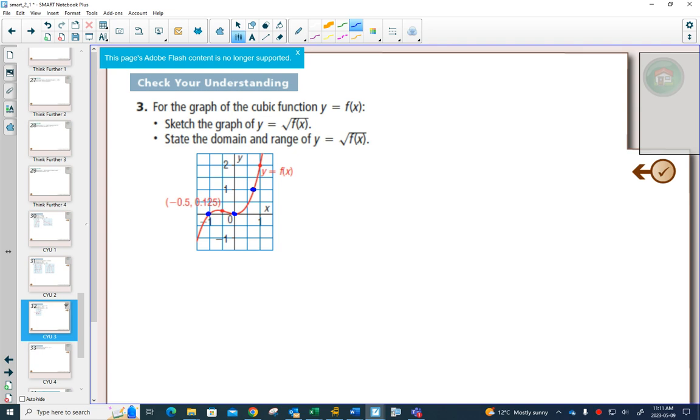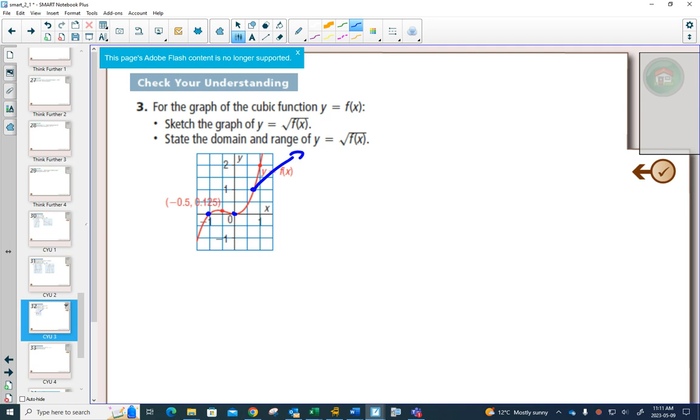Okay? Next, wherever your red graph or your original graph is bigger than 1, when you square root a number bigger than 1, square root of 4 is 2, square root of 9 is 3, your answer is always less. So we show that on the graph just by drawing the graph. The blue graph is below the red graph.